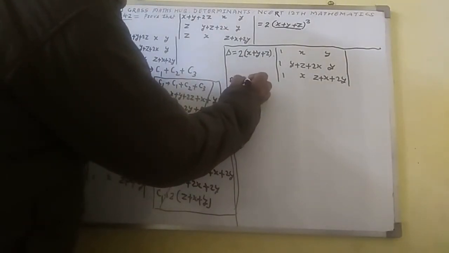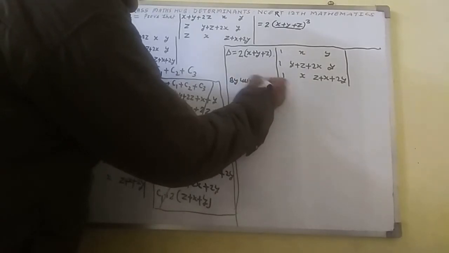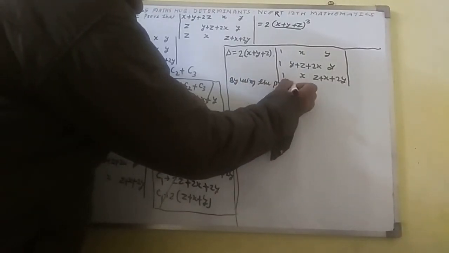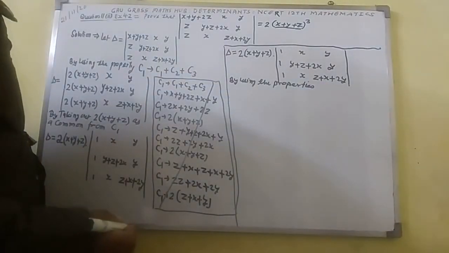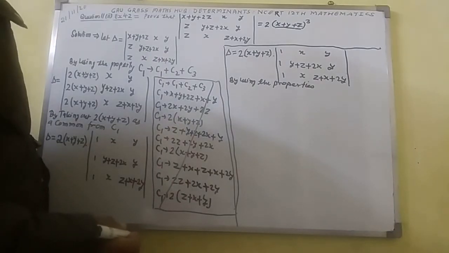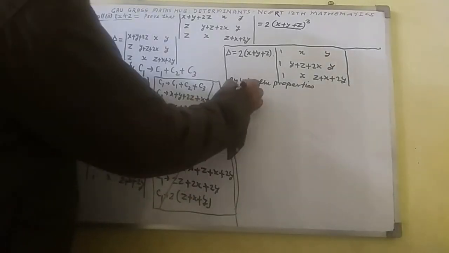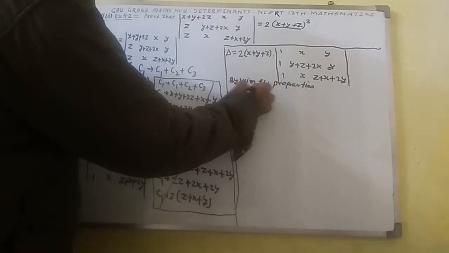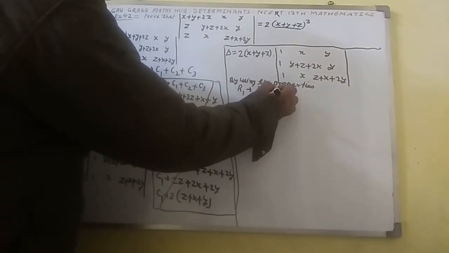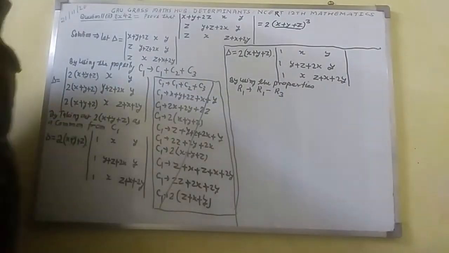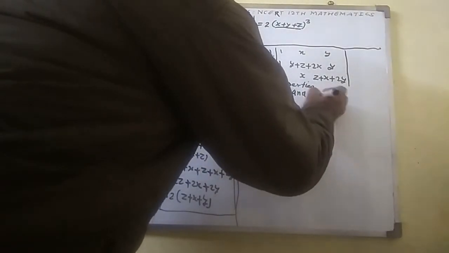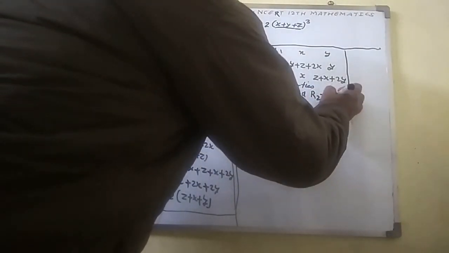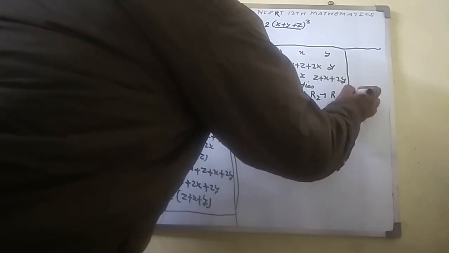So here I shall use the property R1 goes to R1 minus R3 and R2 goes to R2 minus R3.